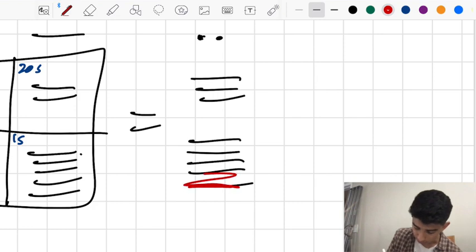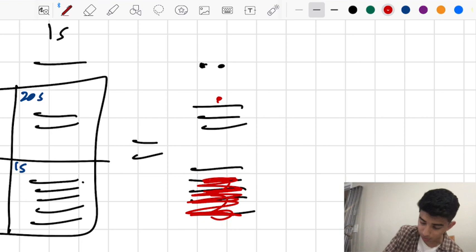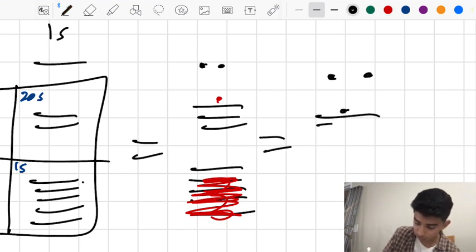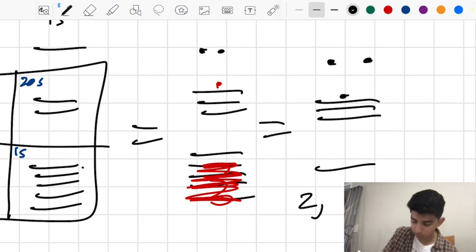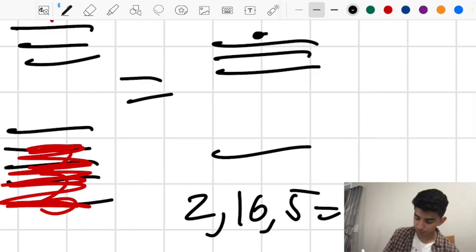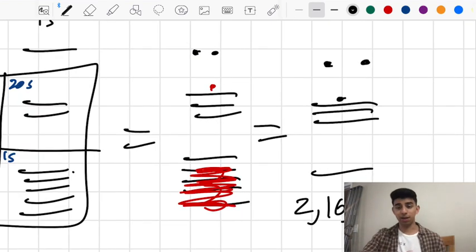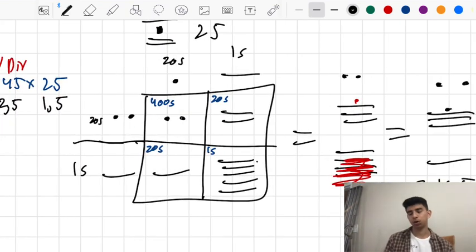Again, we can carry these 4 bars to then be 1 dot, which then equals 2 dots, 5, which translated will be 2, 5, 10, 15, 16, 5, which should equal 1,125.